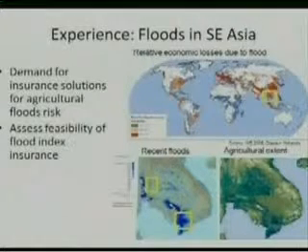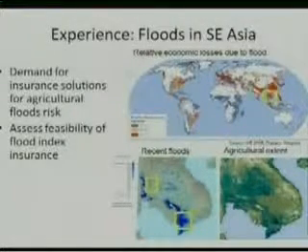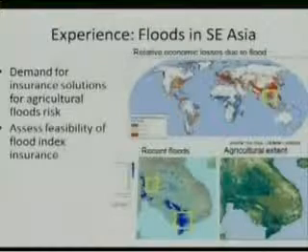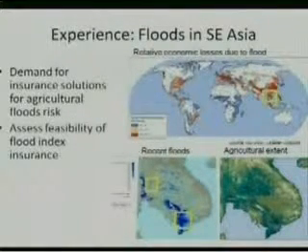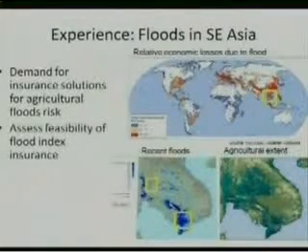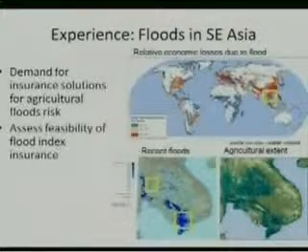And again, it was the demand for simple insurance solutions based on weather indices that drove us to develop some work there and test some of these ideas in practice. The challenge, obviously, for agricultural products and rice in particular, is that oftentimes the spatial distribution of hazards coincides with the area of agricultural production, as you see in the bottom graphics.